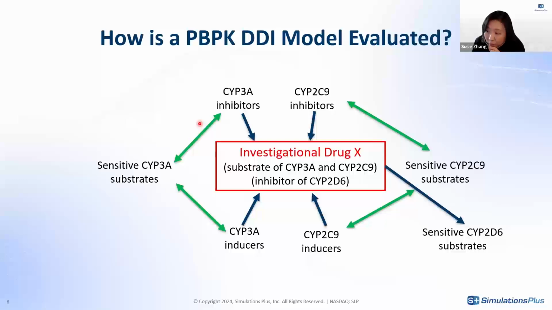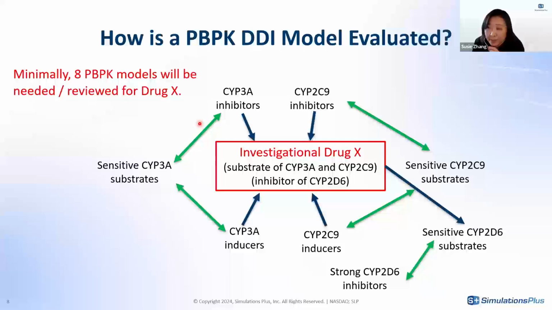And to evaluate the drug as a CYP2D6 inhibitor, we'll need a sensitive CYP2D6 substrate. And in order to develop a CYP2D6 substrate model, we need to have CYP2D6 inhibitor models minimally. So as you can see, to evaluate DDI potential for investigational drug X, we will minimally need 8 PBPK models as on this slide. But in reality, we will need a range of inhibitors and a range of inducers for each pathway.